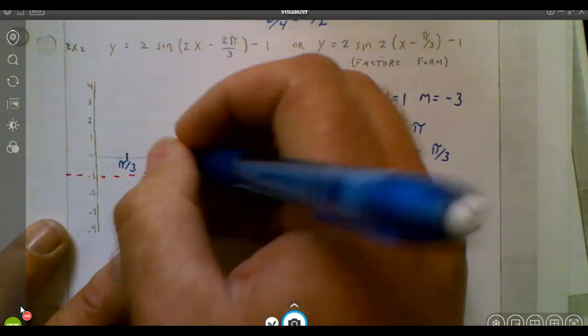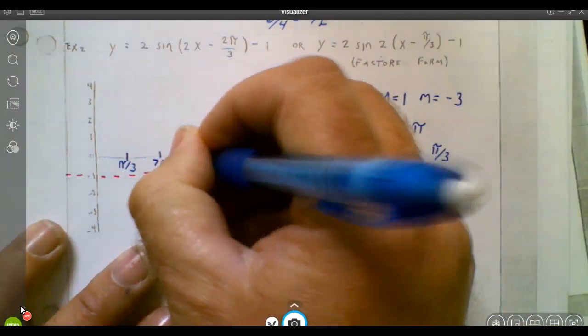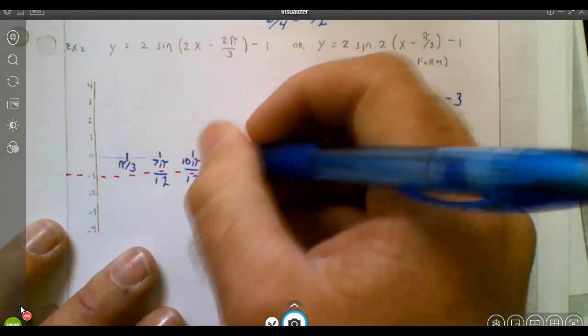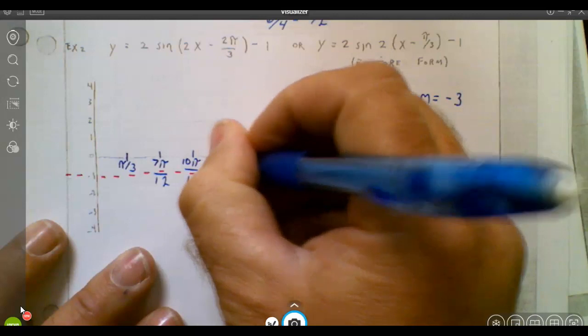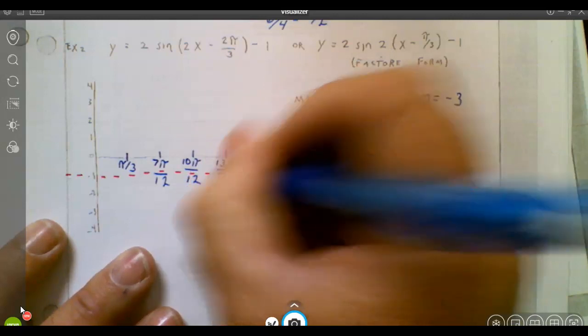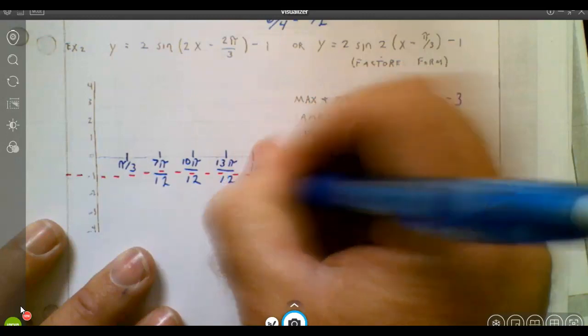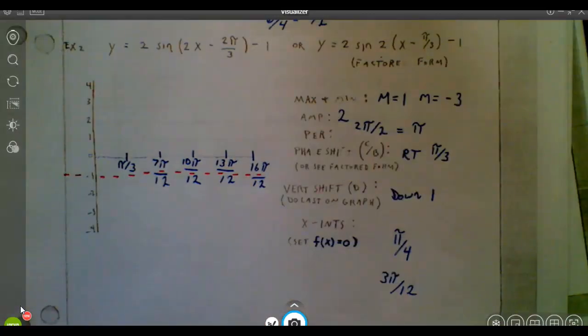Plus another 3 pi over 12 puts me at 10 pi over 12. And if I just keep adding 3 pi over 12, I have 13 pi over 12 and 16 pi over 12, right? So those are the 5 key x values that we're going to be using here.